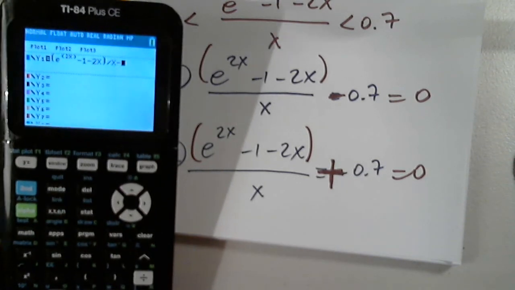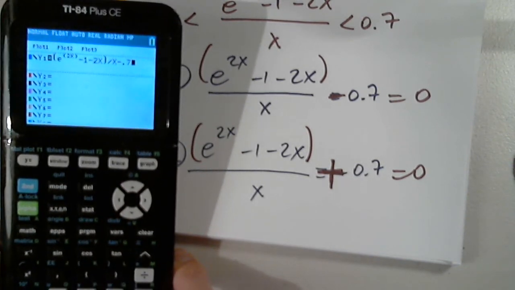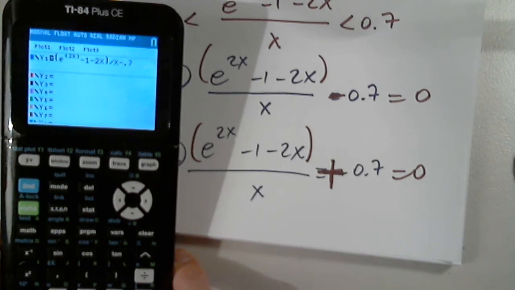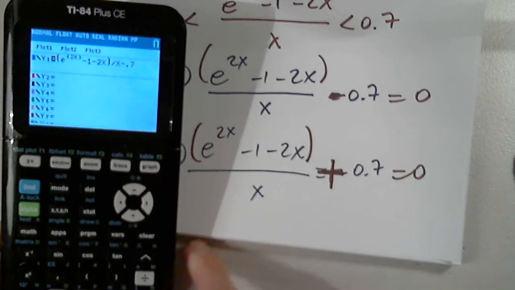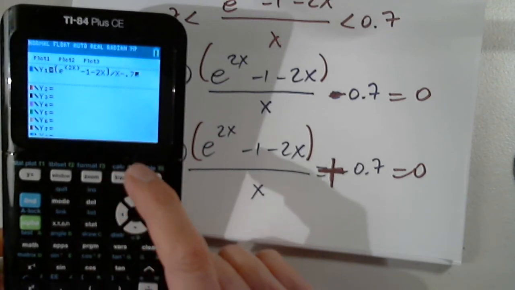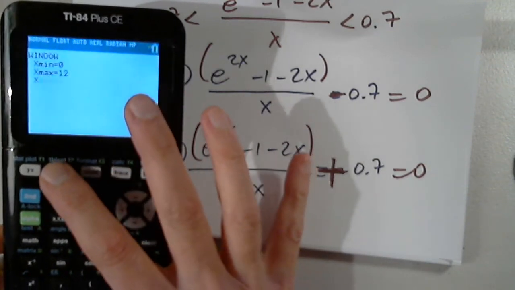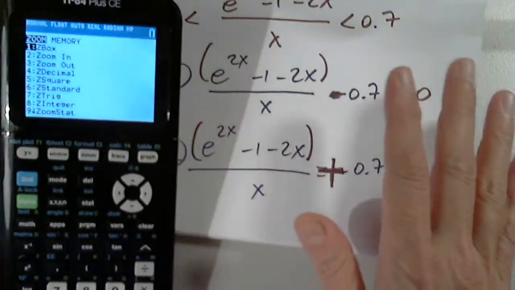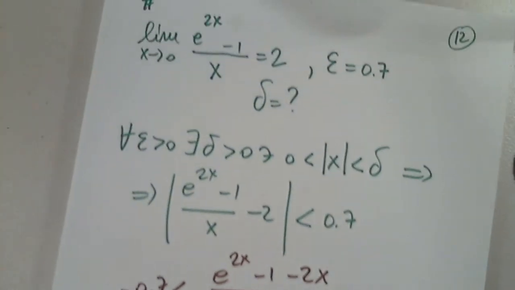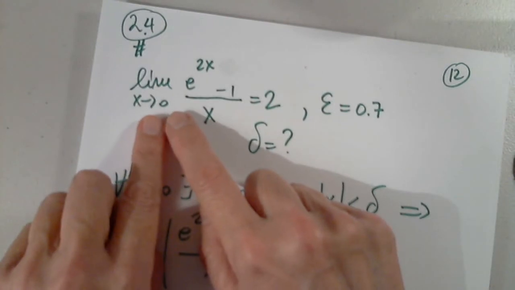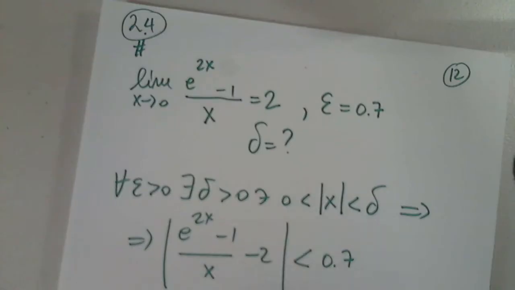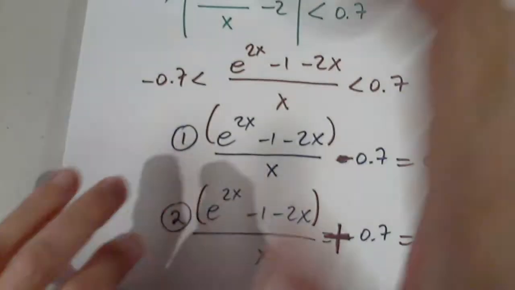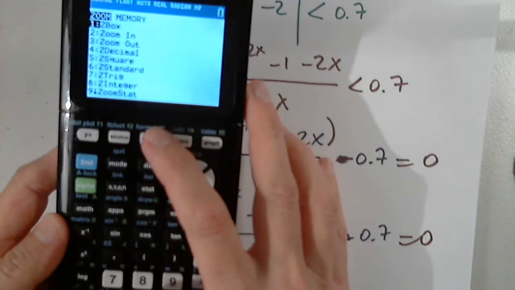And then minus 0.7. Now I am going to go to the viewing window. I have no idea what to graph, but I know for sure that the action is close to 0. Because of that, I'm going to use a viewing window.